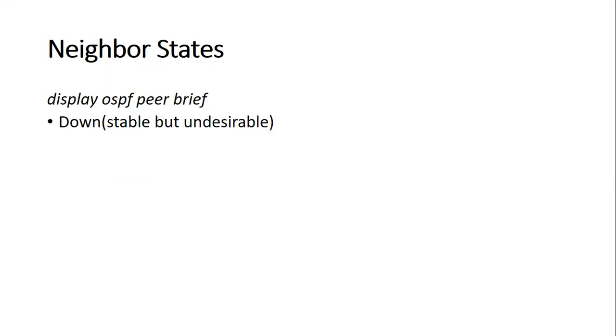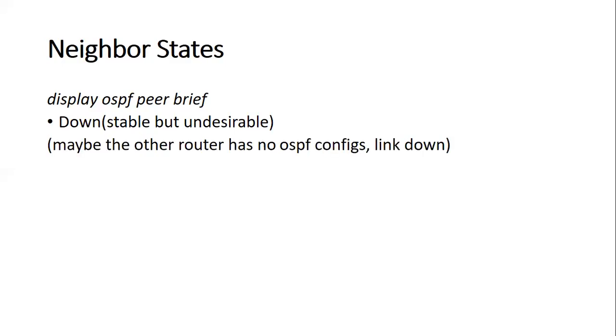You can display OSPF peer and you will see down. It's a stable state, but it's not desirable. We do not want our OSPF routers having a down state. So if you find such an occurrence, maybe the other router has not been configured for OSPF or a link is down. So you have to troubleshoot.